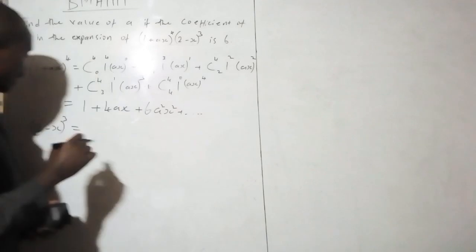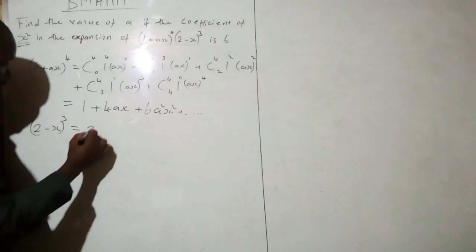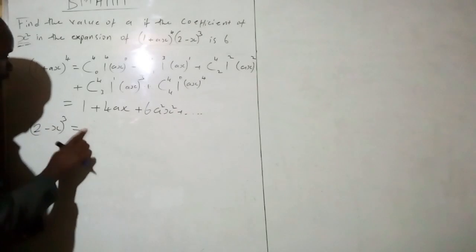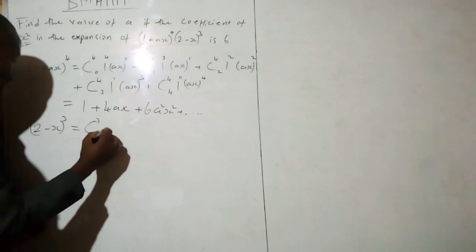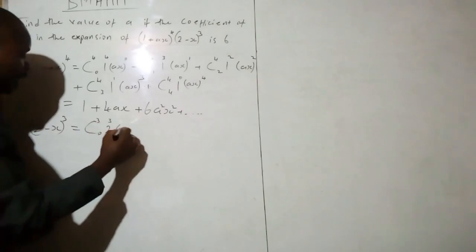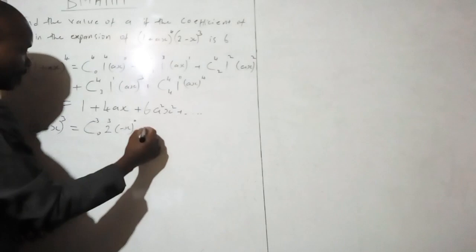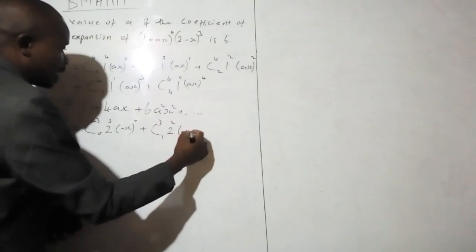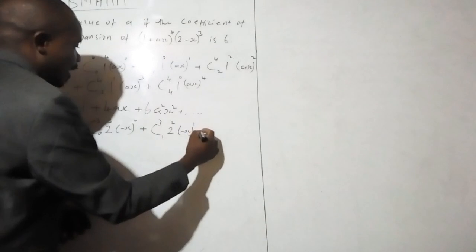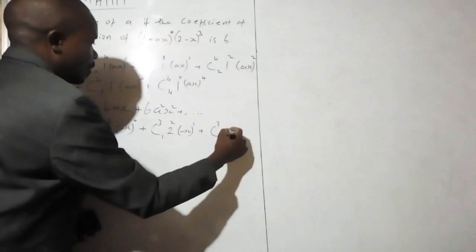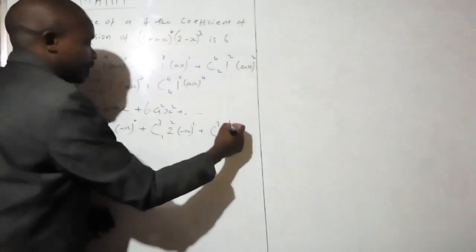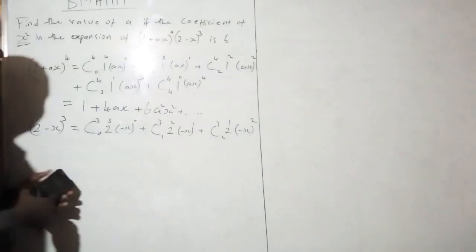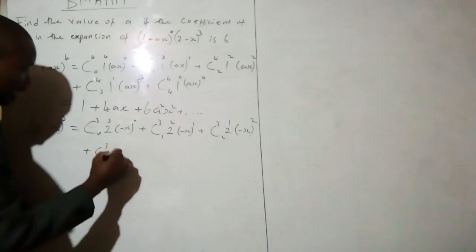We start with 3C0 times 2^3 times (-x)^0, plus 3C1 times 2^2 times (-x)^1, plus 3C2 times 2 times (-x)^2, plus 3C3 times 2^0 times (-x)^3, but you want up to x squared.